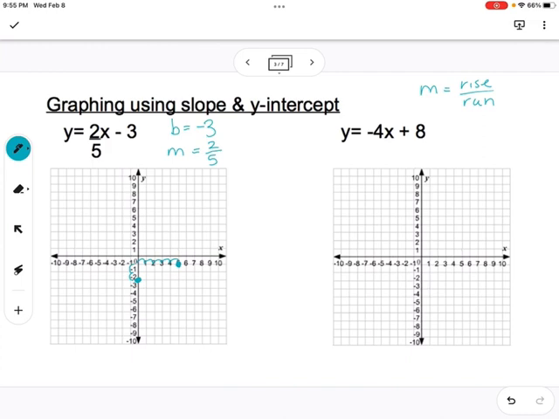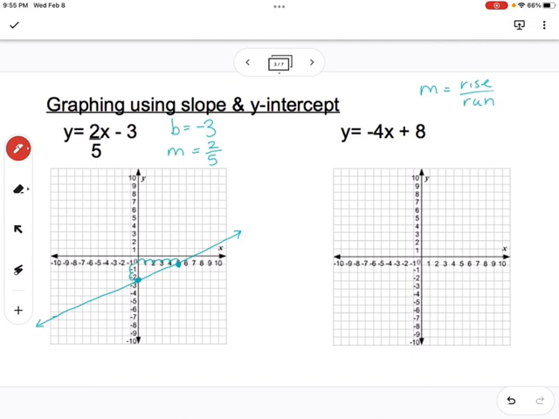Once we have 2 points, then we can make our line. Please use a ruler while you do this. It's a little hard for me on the iPad here. Looking at the next example, we have y equals -4x plus 8.